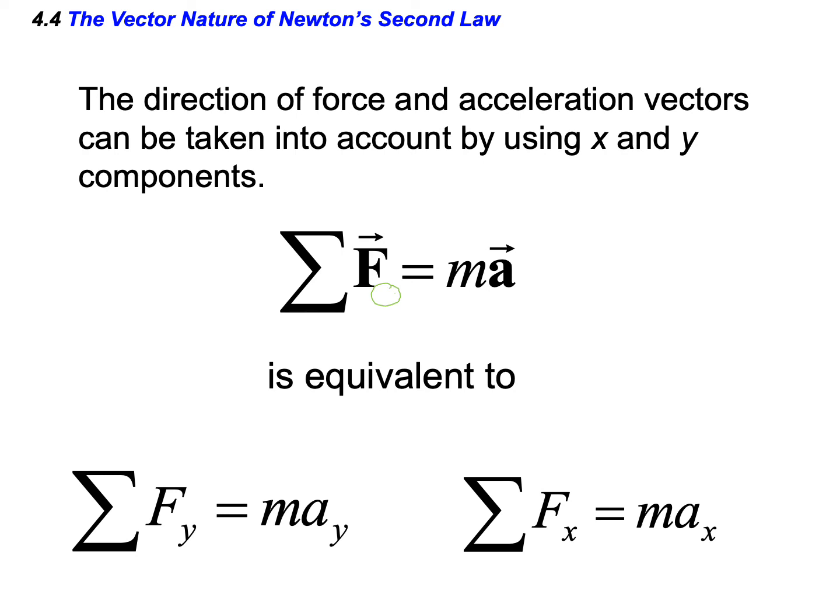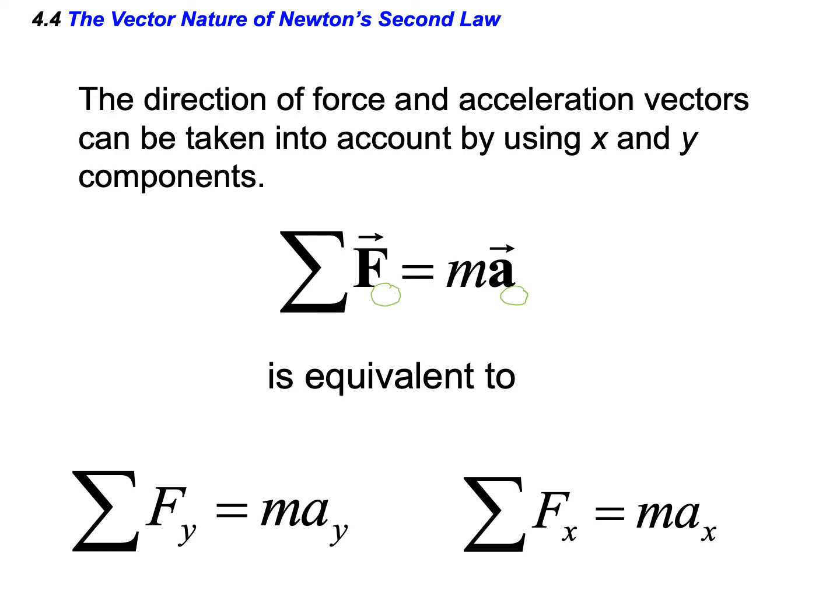Force is a vector, therefore if you specify a specific direction, this force along that direction, and this acceleration, we can add another subscript x or y. So if force is in x direction, acceleration is also in x direction. If the acceleration is in y direction, force is also in y direction.